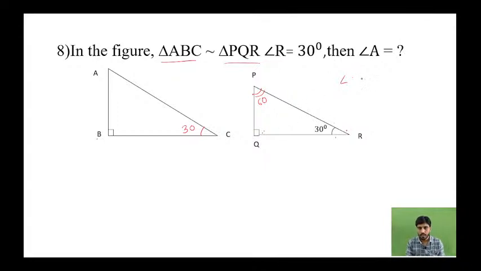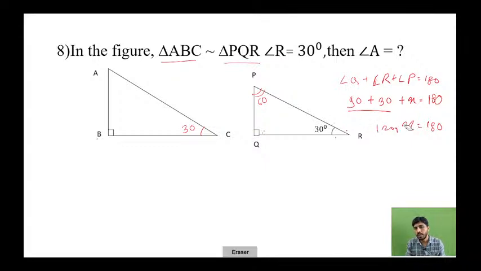That is angle Q plus angle R plus angle P will be equal to 180. We know Q is 90 plus R is 30 plus P, which we have to evaluate, and this is 180. So X will be equal to 180, and the addition of these two is 120.